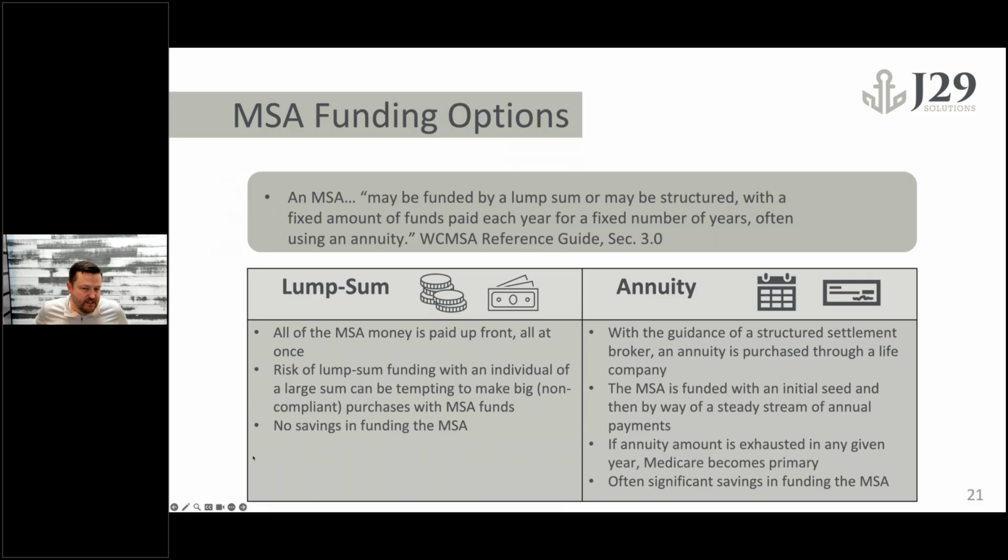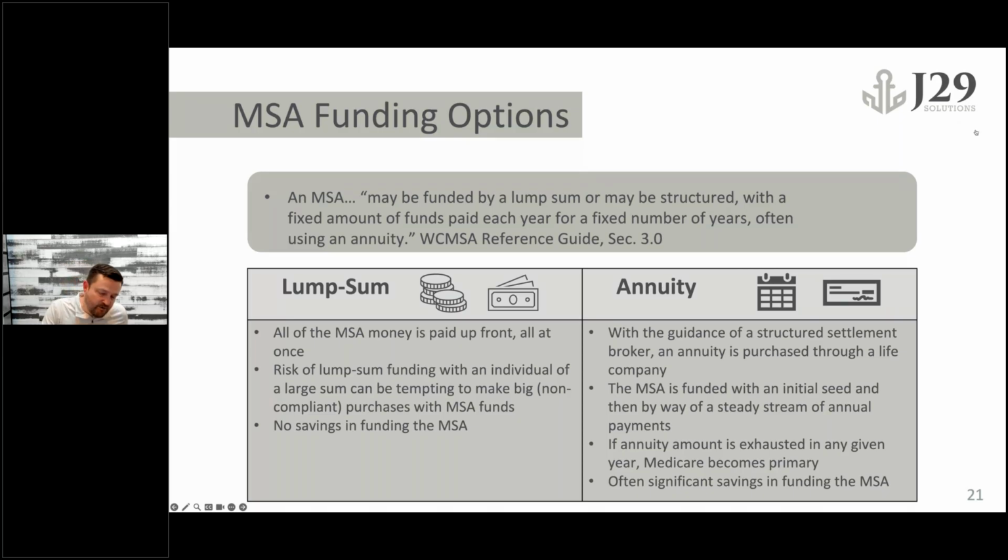So we have the allocation. Now we have funding options, and this is where things start getting interesting. Medicare tells us that a Medicare set-aside can be funded lump sum, meaning they get all the money up front, or it can be funded via an annuity, which is purchased through a structured settlement broker who goes to a life company, who shops around for the best deal, and funds the MSA with an upfront, what they refer to as a seed amount, which is the first couple years of expenses and procedures.